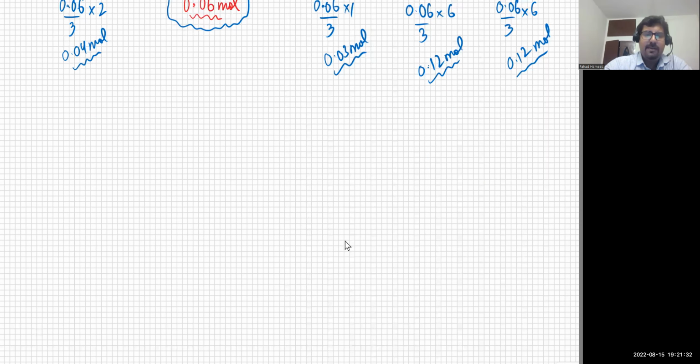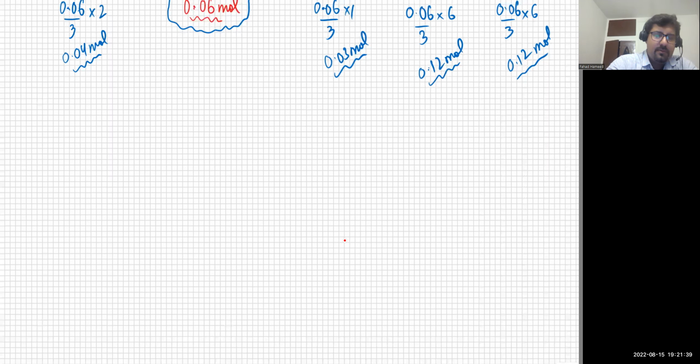So let's do another equation. Let's say I've got potassium oxide reacting with phosphoric acid. The H and O react to form water, and what's left is K and PO4. K is +1, PO4 is -3, so it's going to be K3PO4. You have to balance this equation. If you balance it, this multiplies by 2, this multiplies by 3.